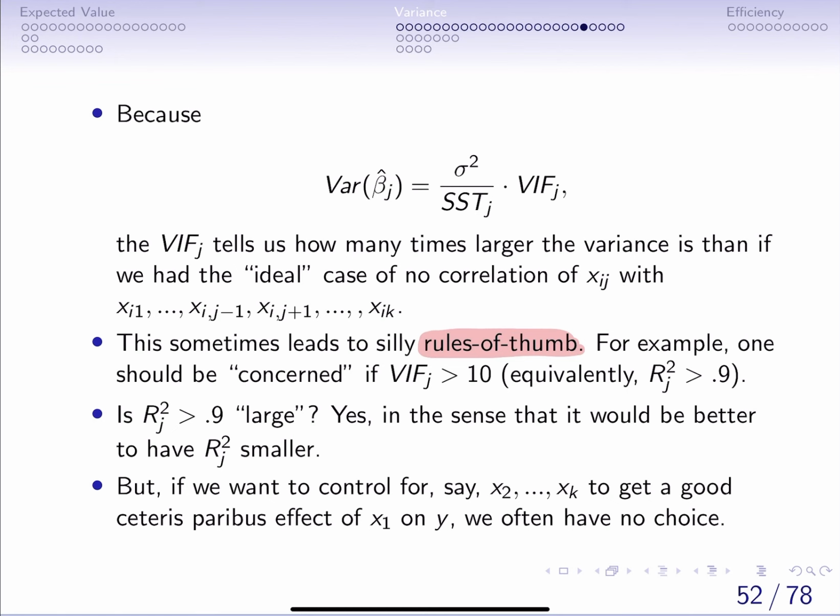So if the variance inflation factor is greater than 10, which is saying that R squared j is greater than 0.9, then yes, this can pose some problems for the efficiency of our estimator. Okay, so we typically would want to have R squared j smaller.